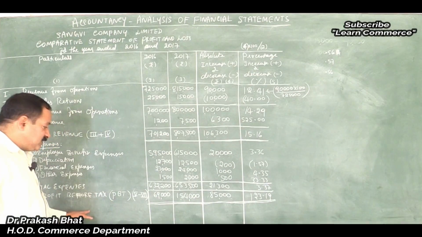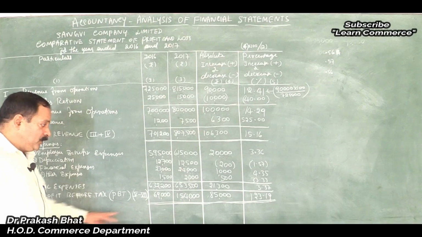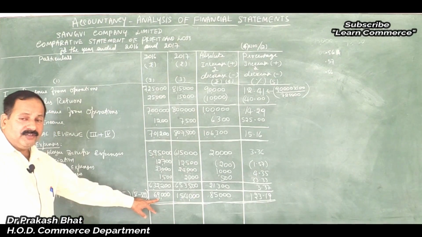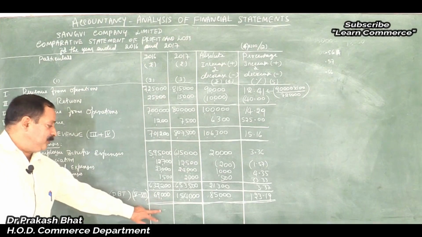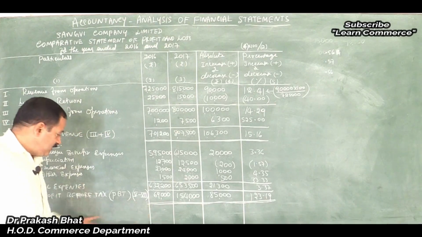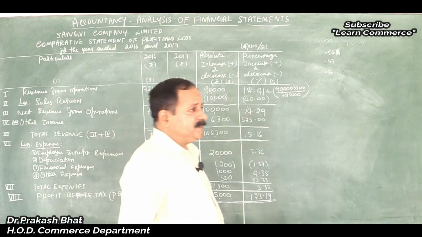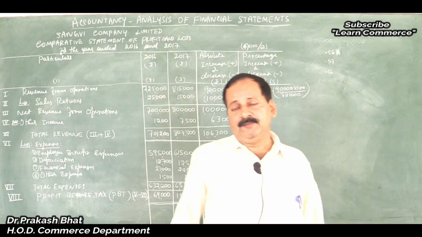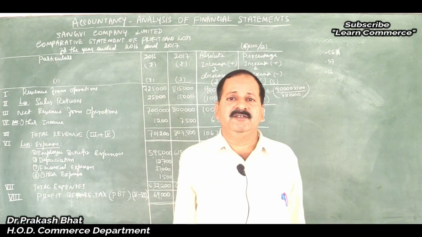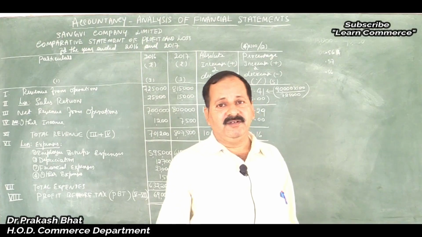If tax percentage is given, then on this you have to charge at the rate given and write the tax amount, less tax amount. You will get profit after tax, that is PAT. That's how your problem is solved.